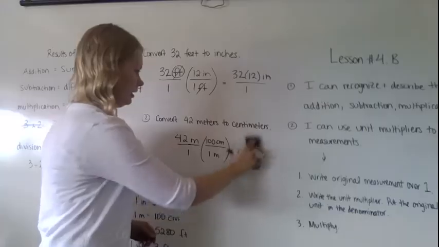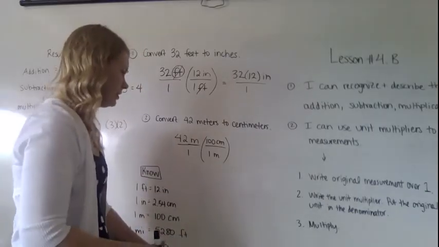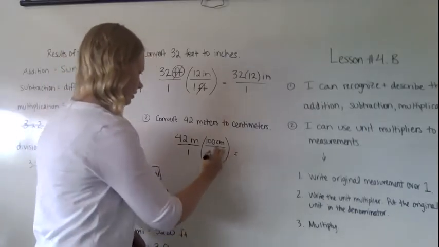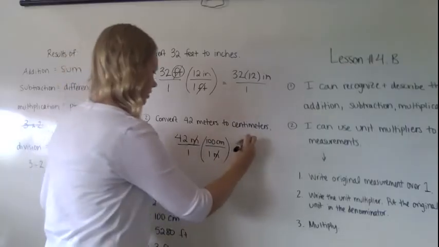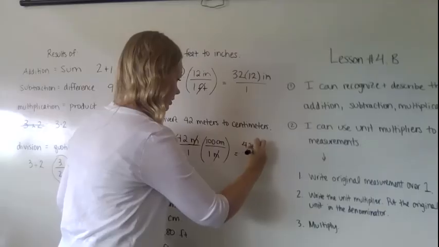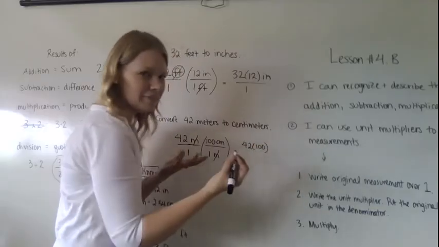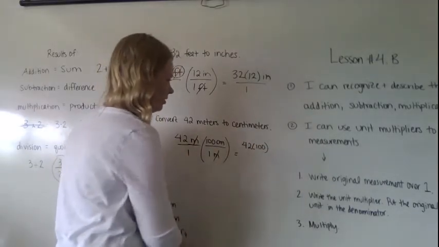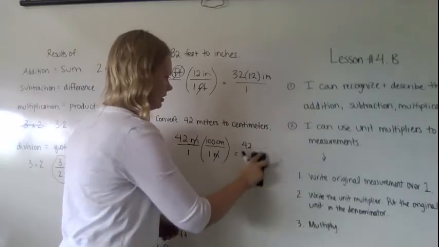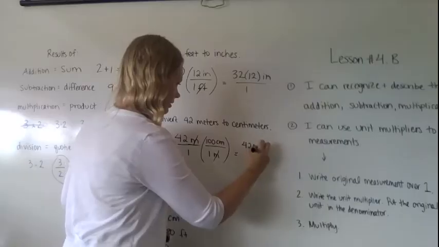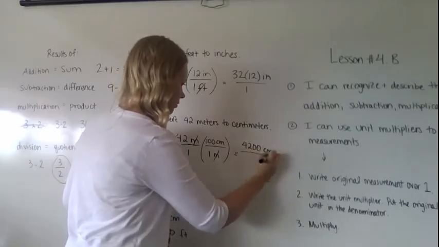That's that. Then our last final step is to multiply. Our meters cancel out, and we are left with 42 times 100. I could simplify that. I think I will. So 4,200 centimeters over 1.